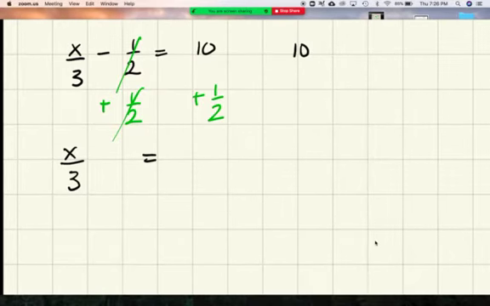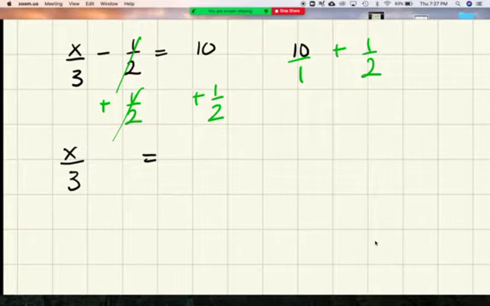10 plus 1/2. We're adding now, so we can't just go straight across the top and straight across the bottom. That is only with multiplication. On this one, we've got to get a common denominator. You can always put a whole number over 1.